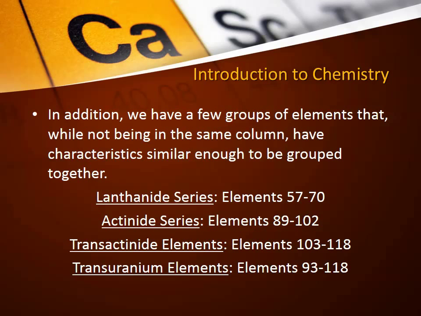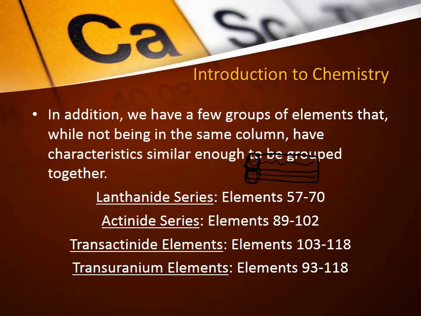Specifically, we also have a few elements that, not being in an actual column, are still similar enough that we give them a name. So the lanthanide series are elements 57 through 70, which on our F block is the top part. The actinide series are the bottom part. By the way, this element right here on your periodic table is lanthanum, and this is actinium. Sorry, lanthanide, actinide.